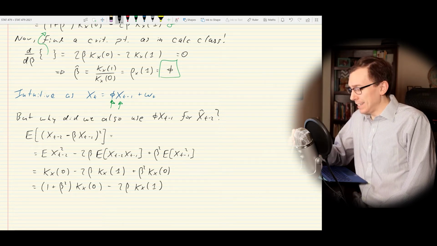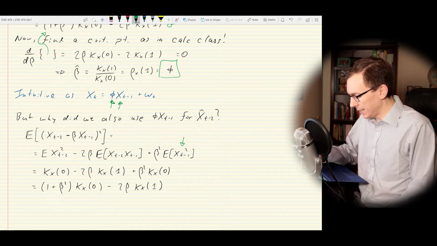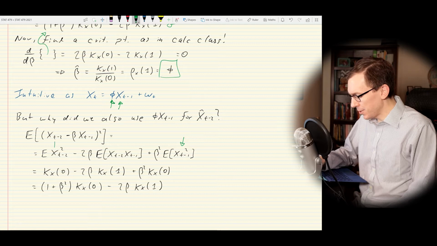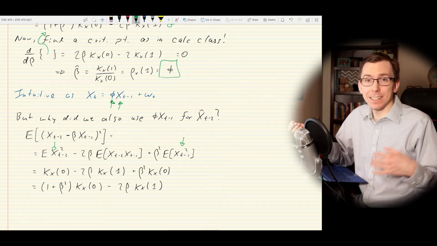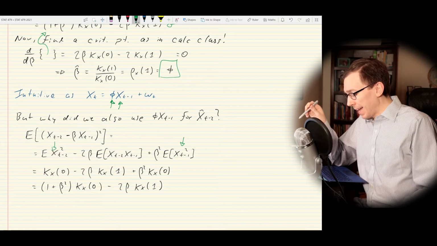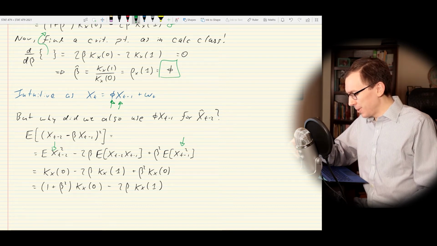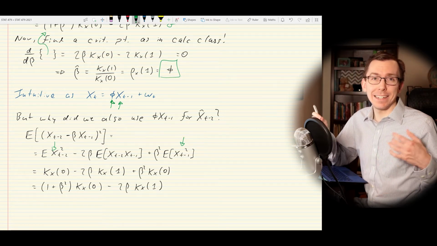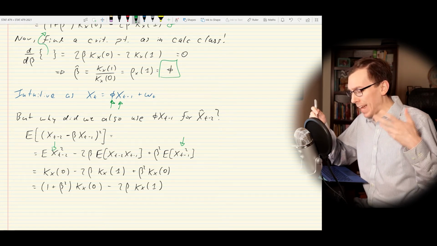So again, the idea is that there is a symmetry to this. Whether I have a t minus 1 here and a t minus 2 here, or a t and a t minus 1, it's still just the stationary autocovariance. So let's look at this again. Whether we have a t minus 1 and a t minus 2 or a t minus 1 and just a t, we still just get kx at 0, the stationary autocovariance, which is the variance at lag 0.